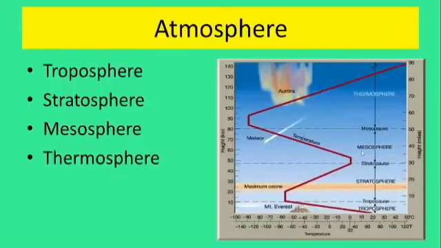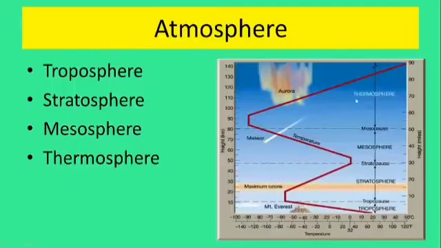The next layer is mesosphere. Mesosphere is the layer in which there is a steep decline in temperature. This red line indicates the decline in temperature. Mesosphere is also important because this is the layer where meteoroids are prevented from entering our earth. Just above mesosphere is the next layer, thermosphere, where temperature increases very rapidly.